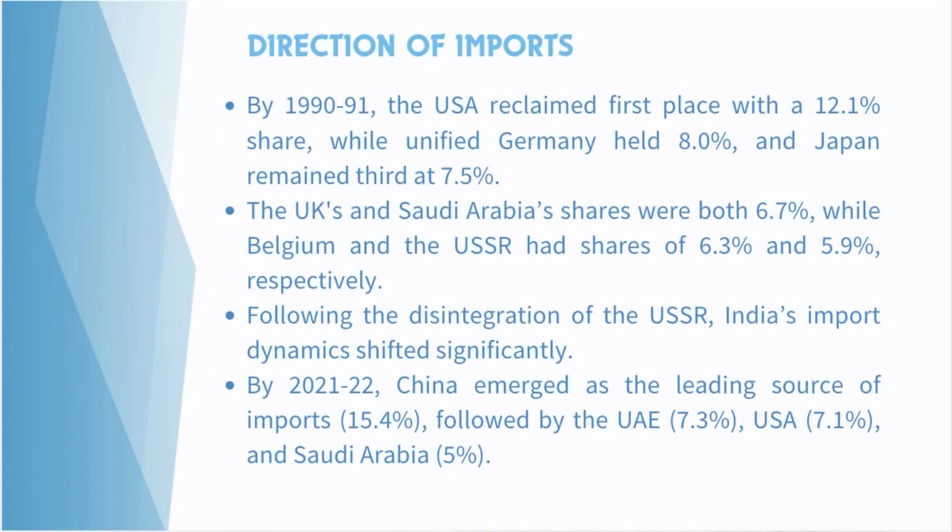By 1990-91, the USA reclaimed first place with a 12.1% share, while unified Germany held 8% and Japan remained third at 7.5%. The UK's and Saudi Arabia's shares were both 6.7%, while Belgium and the USSR had shares of 6.3% and 5.9% respectively.